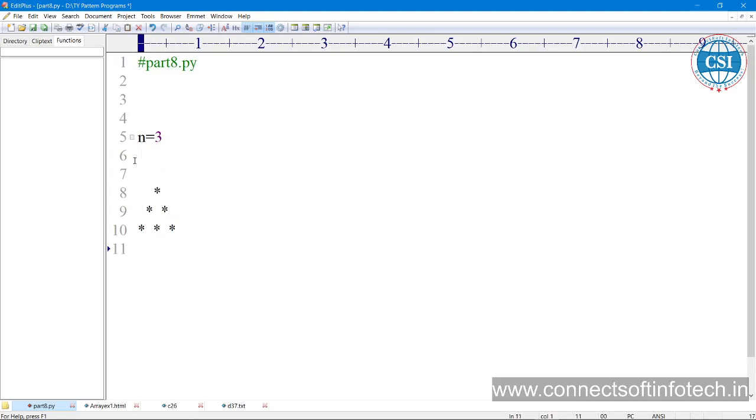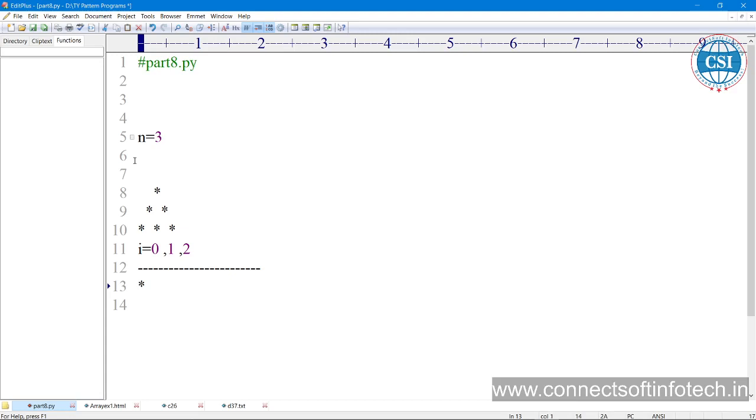When n is equal to 3, i takes the values 0, 1, and 2. So when i is equal to 0, let us print a star.